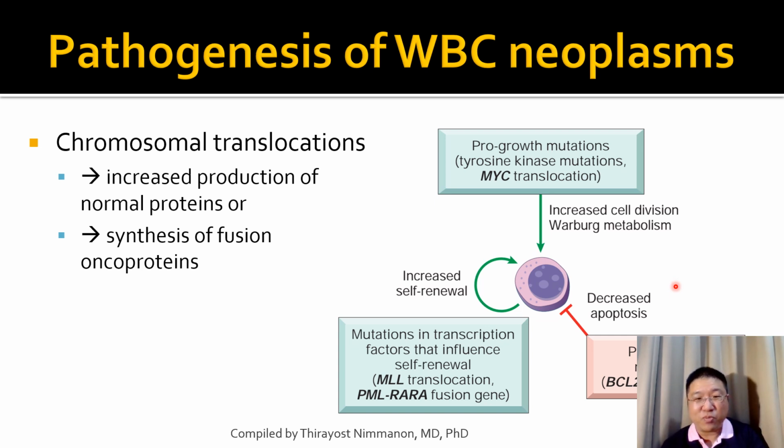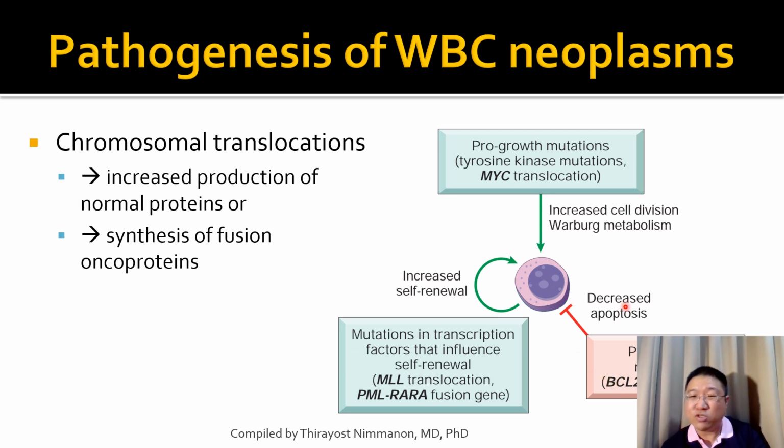B cells produce immunoglobulin, so BCL2 is produced along with the immunoglobulin. So the pathogenesis of follicular lymphoma is different. In Burkitt's lymphoma, the pathogenesis is too much proliferation, whereas in follicular lymphoma, the pathogenesis is too little apoptotic cell death.